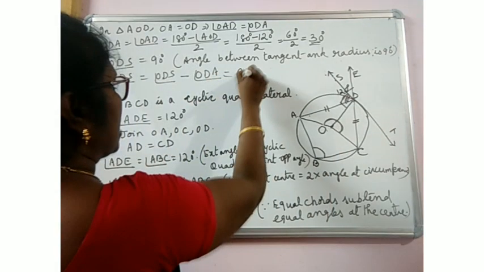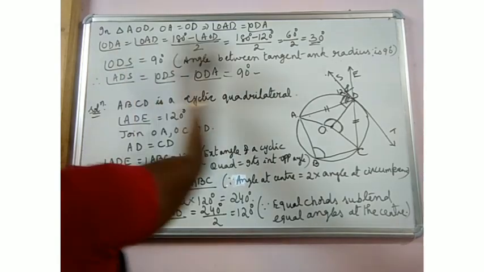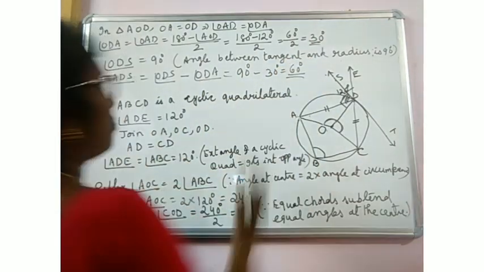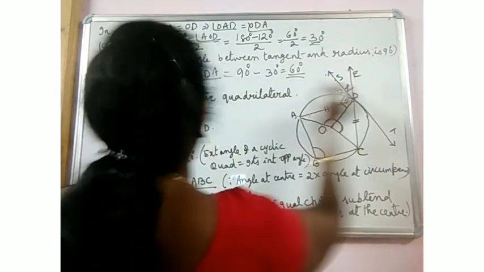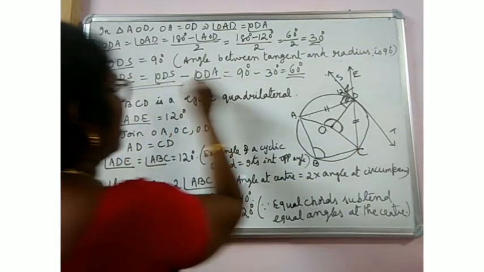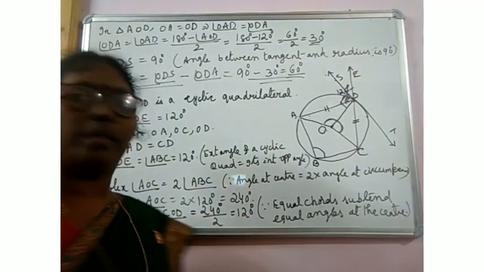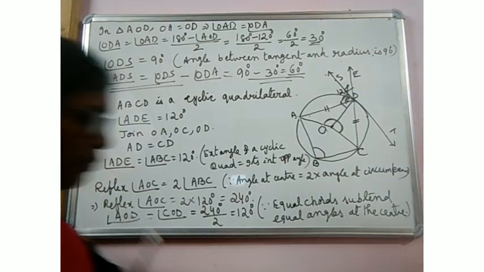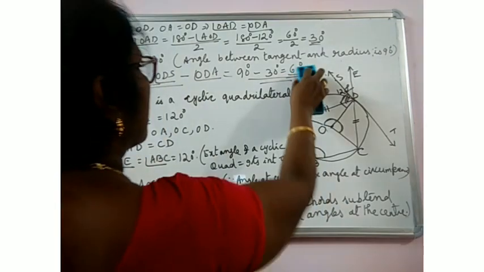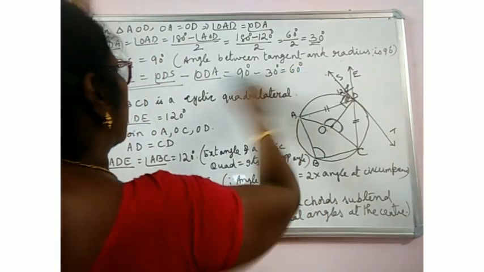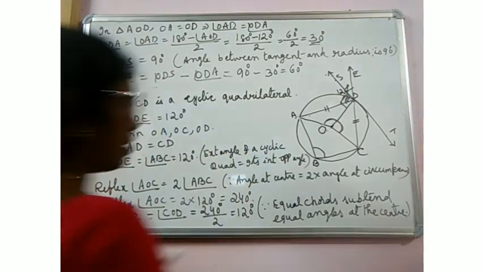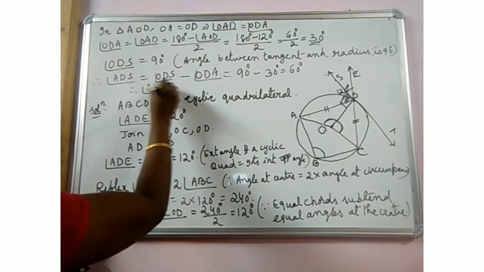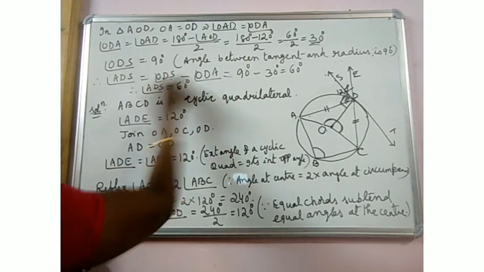Angle ODS is 90 degrees and angle ODA we got as 30 degrees. So we get 60 degrees. So angle ADS, that is the required angle, is 60 degrees. You have to write clearly, and therefore angle ADS is equal to 60 degrees.